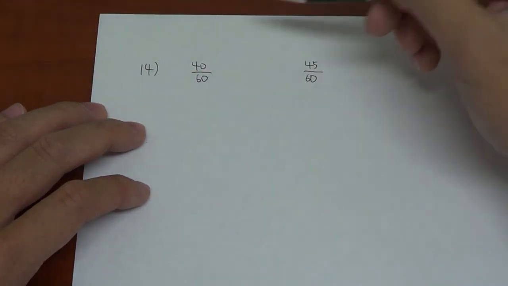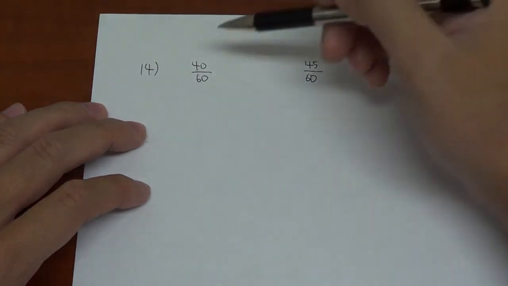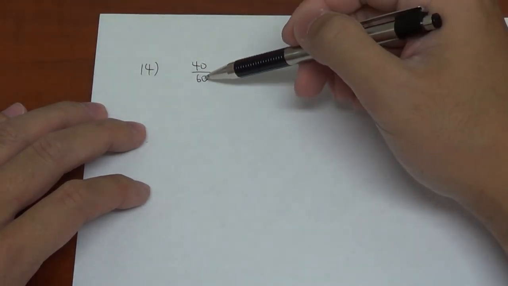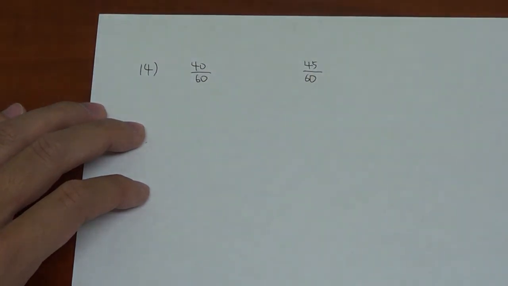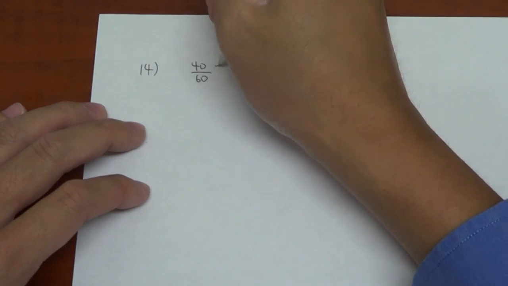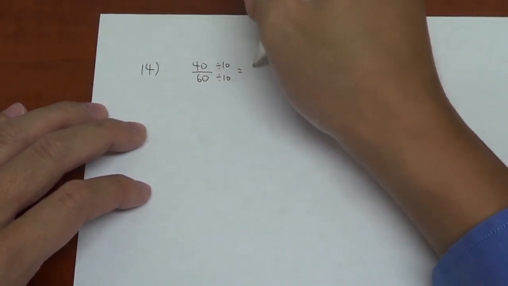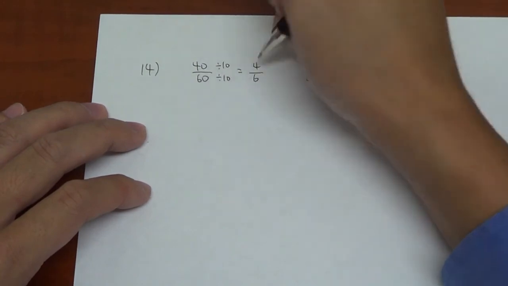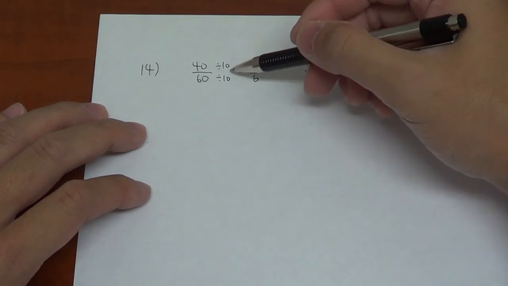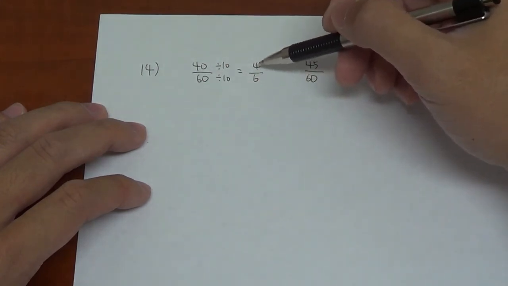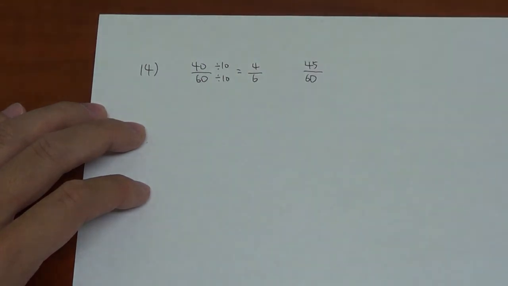But hopefully the student will be able to recognize using their divisibility rules that 40 and 60 both end in 0. That means they're both divisible by 10, right? And then if we do that, we can save some time, and then we get 4/6, okay? Now, because we did not confirm that this is a GCF, you would need to check your new fraction again to make sure that is indeed the simplest form.